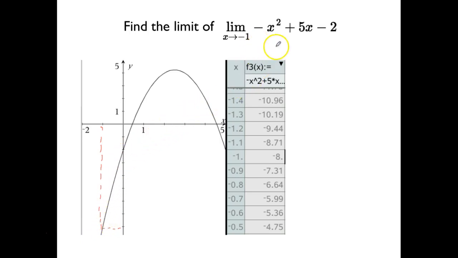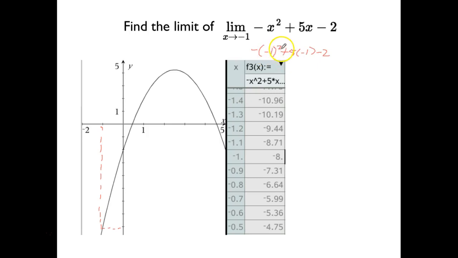Okay, so how you would do this on just a regular function. First, you would just plug it in and see if it gives you a value on the function. And if it does, that's going to be your answer. So let's just see how it works on this one. -1 squared plus 5 times -1 minus 2.